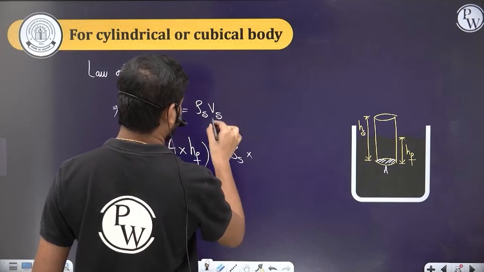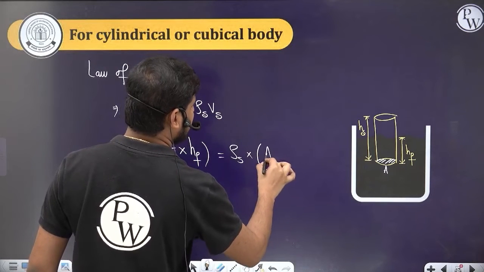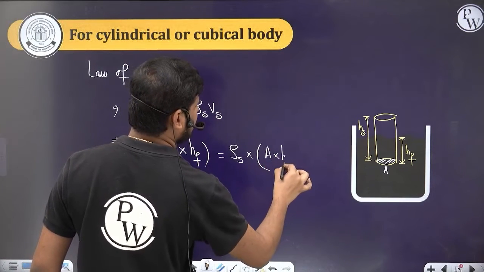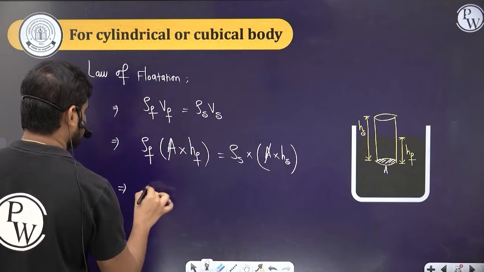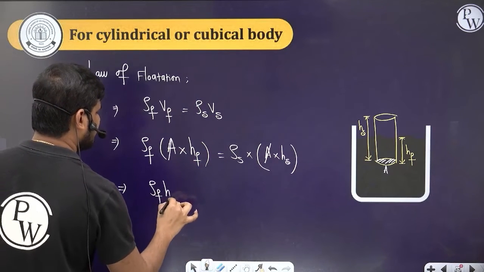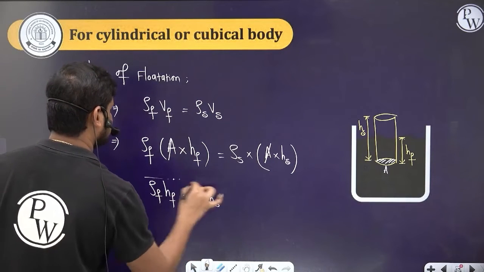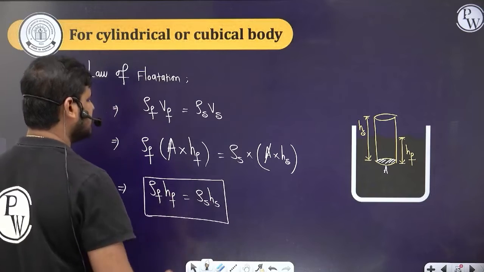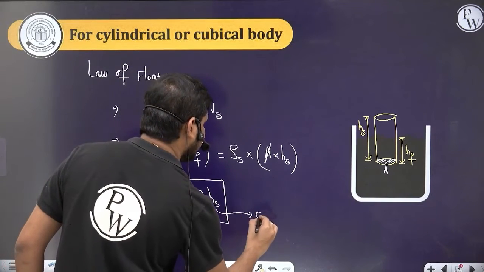Vs is the total cross-sectional area into the total height of the solid. I can cancel A on either side. So rho f Hf equals rho s Hs. This is one more condition in terms of height, where Hs is the complete height of the solid.